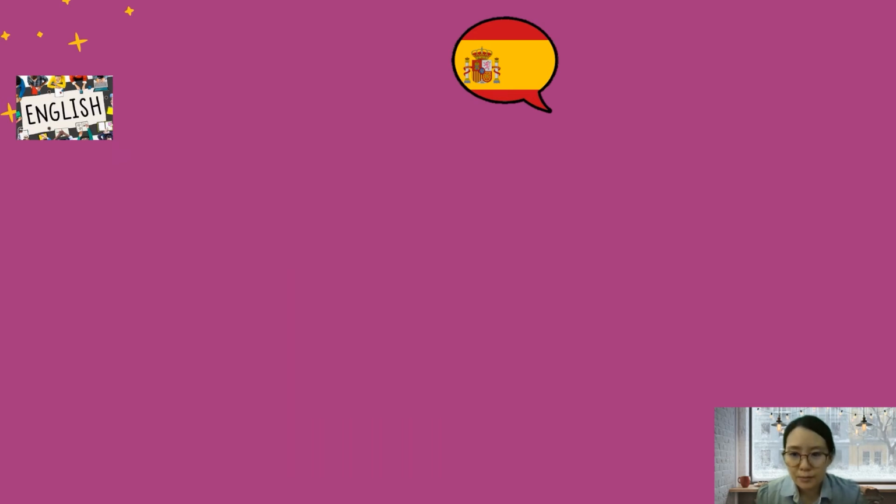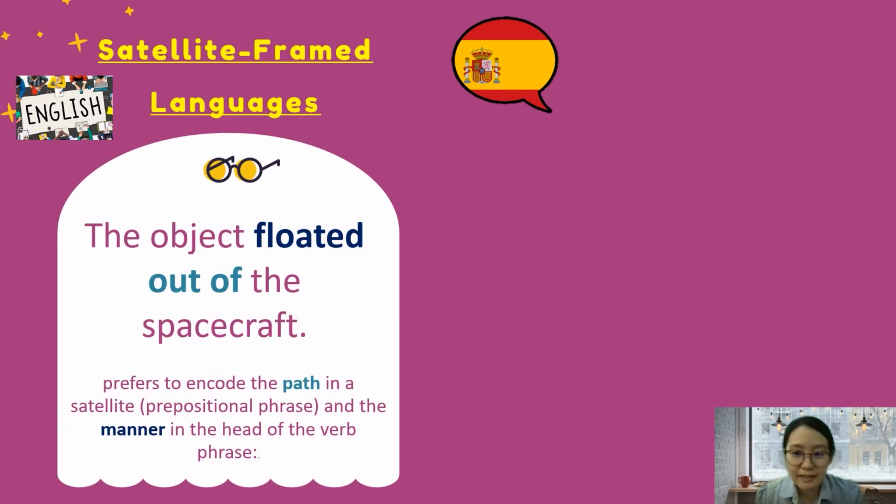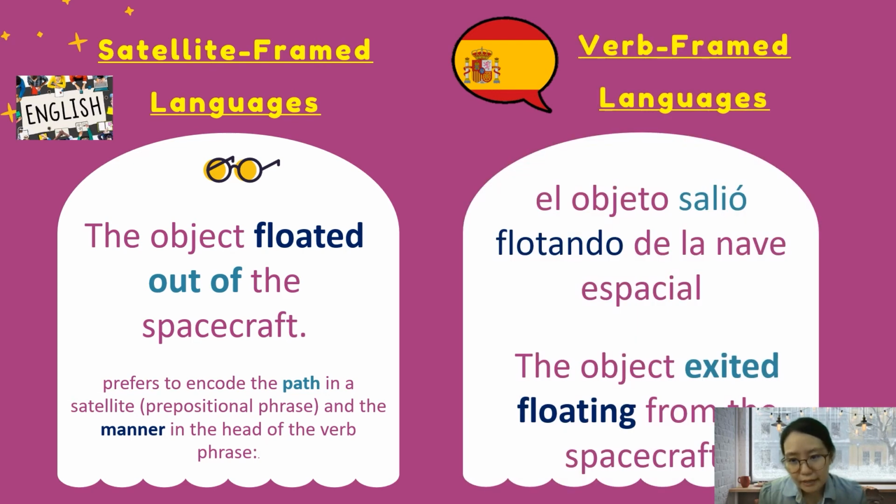Let's look at some examples from different languages. Since English prefers satellite framing, in the object floated out of the spacecraft, the verb floated encodes the manner and the satellite preposition out of encodes the path. Another example is from Spanish.